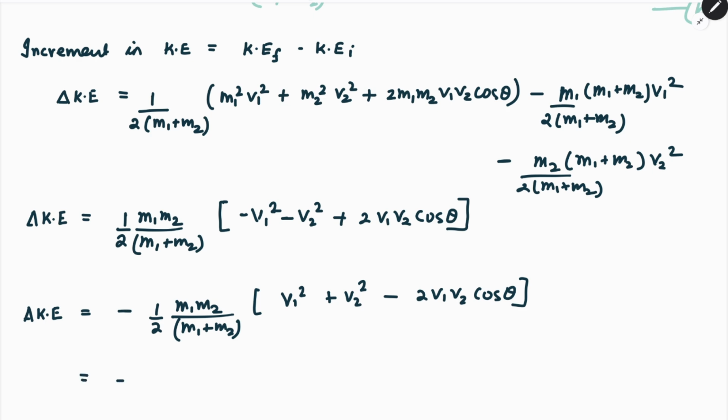So we get the final answer as minus half of mu, the reduced mass, that is m1 m2 upon m1 plus m2, times the magnitude of v1 minus v2 squared. This is the increment in kinetic energy. The negative sign represents a drop in kinetic energy: the final kinetic energy is lesser compared to the initial kinetic energy. So this is the final answer to problem number 1.167.